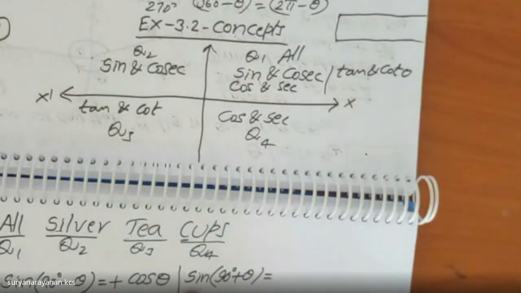So here, which trigonometric function is taken? Sine. So sine is positive. After that, I told you we have to change sine to cos because the angle is written as a combination of 90 degrees. So cos theta. Understood this one?